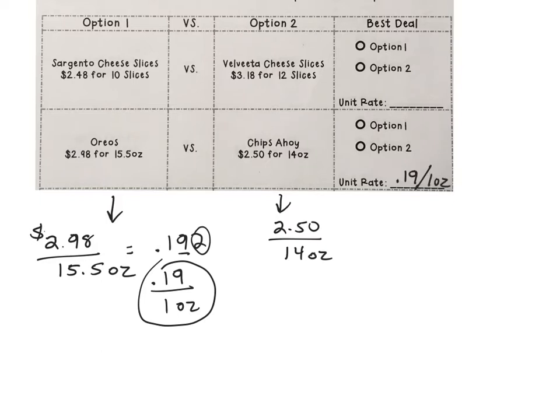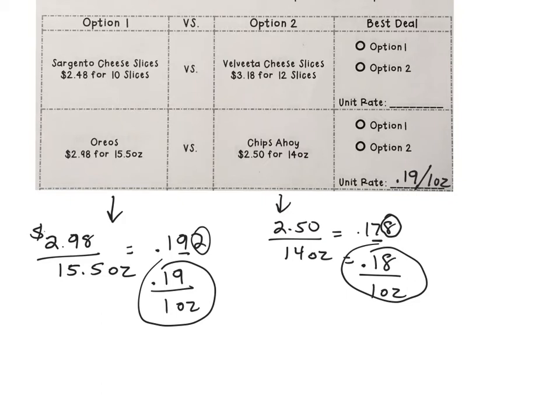Now let's do the Chips Ahoy. So that's $2.50 divided by 14. And this one we get 0.178. Well, we've got to round. This is 5 or more, so the 7 is bumped up to an 8, so 0.18. So it's 18 cents for every 1 ounce. That is the unit rate for the Chips Ahoy.